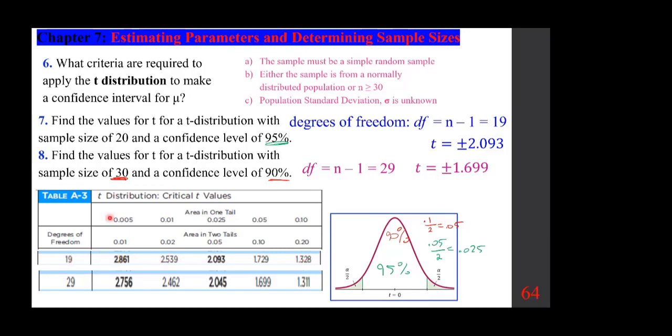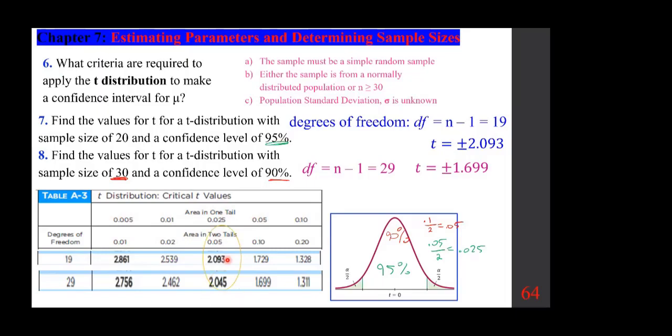Then at the very top row, you see area in one tail, area in two tails. So when you look at number 19, you want a 95% confidence interval. So the area in two tails is 0.05, or in one tail is 0.025.